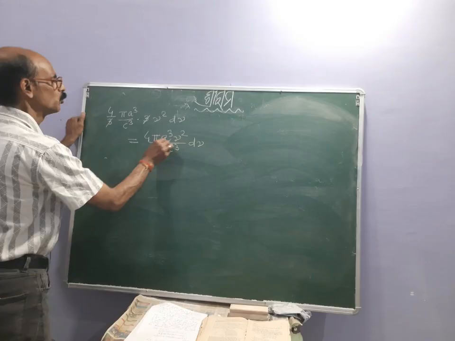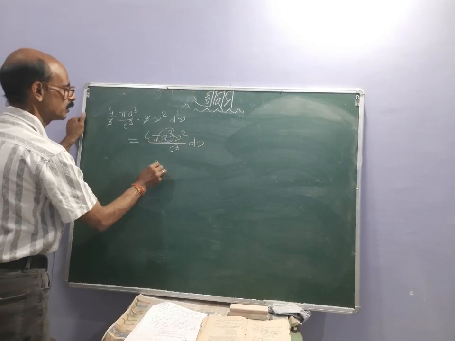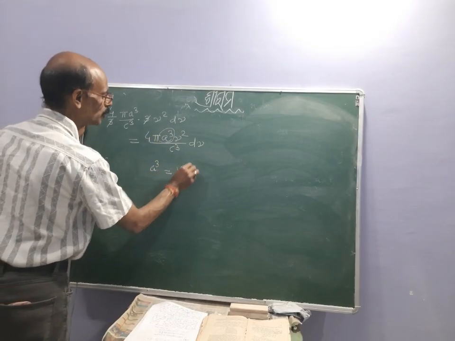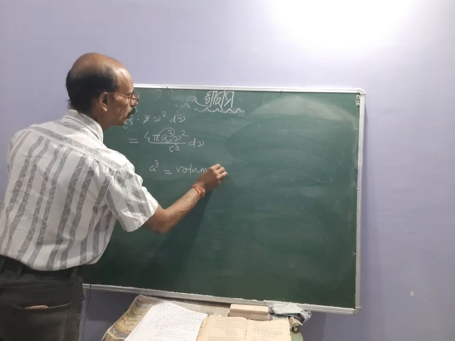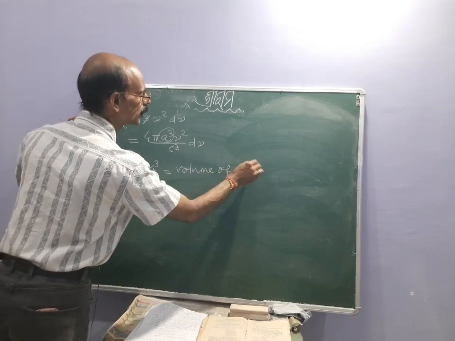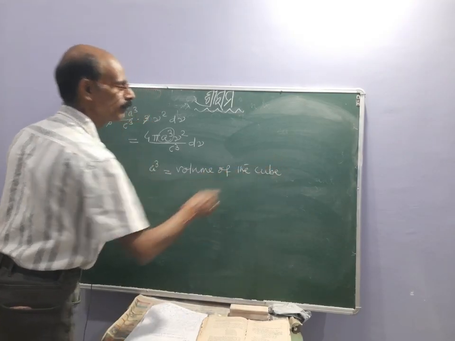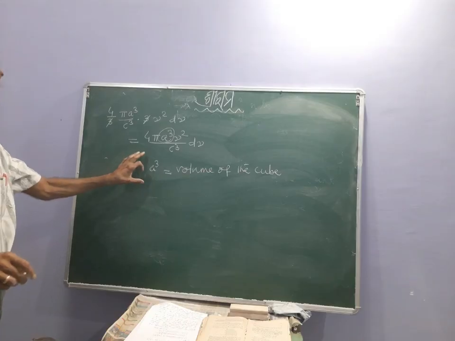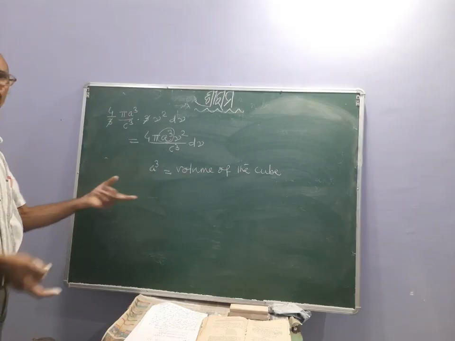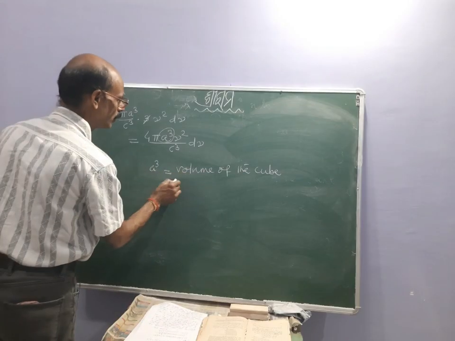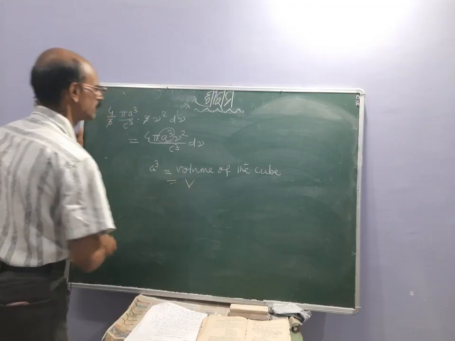But what is a cube? a cube is equal to the volume of the cube. Each side of the cube is a, so a cube is the volume of the cube. Let it be represented by capital V.